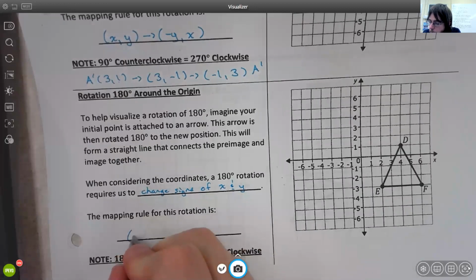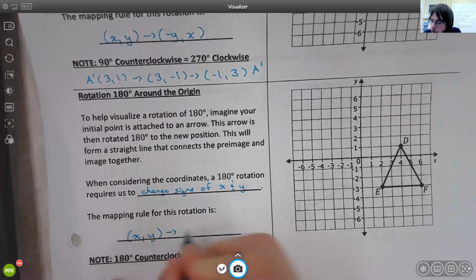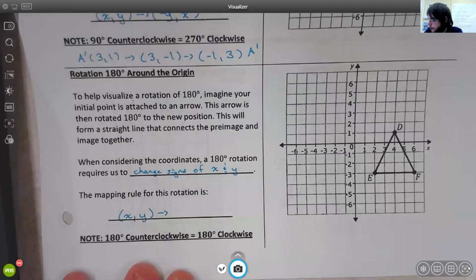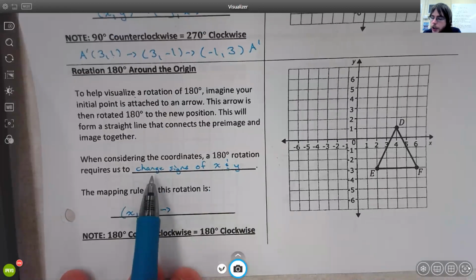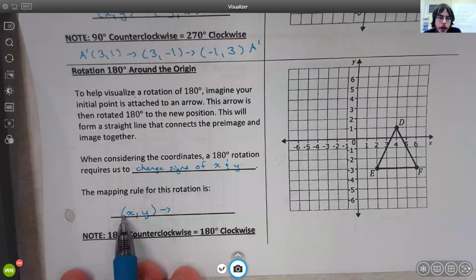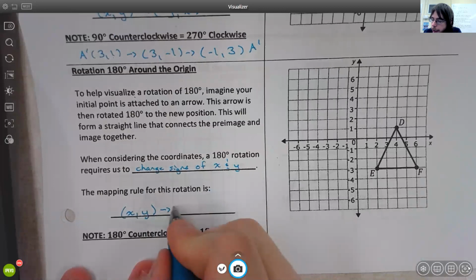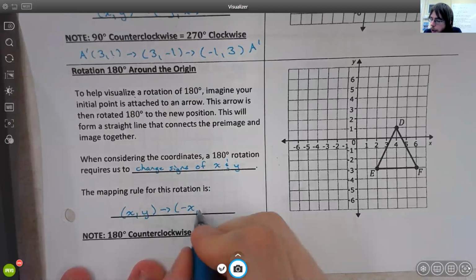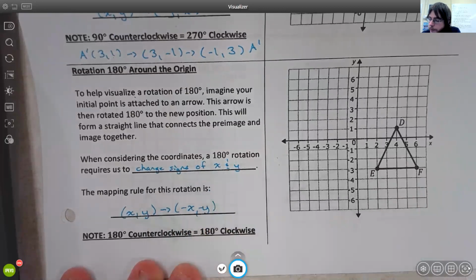So the mapping rule, X comma Y, all we're doing is changing the signs of X and Y. So X becomes -X and Y becomes -Y.